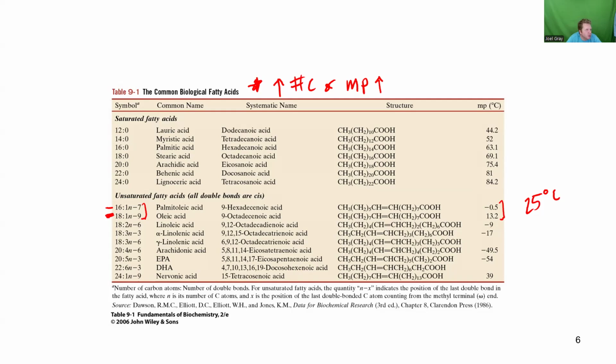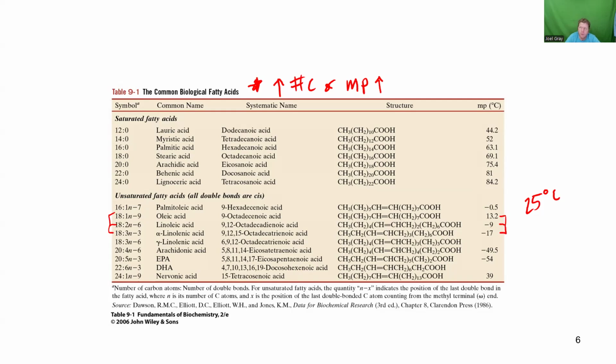Now, let me also compare this 18:1 to an 18:2 and an 18:3. 18:1 has a melting point of 13.2. 18:2 has a melting point of -9. And then 18:3 has a melting point of -17.